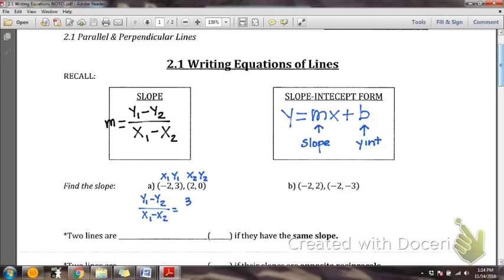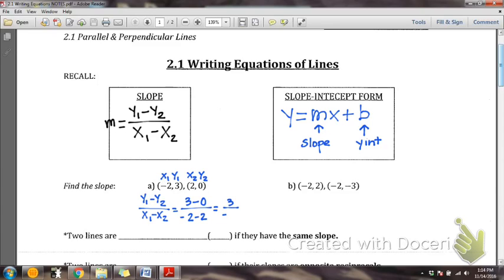So I'm going to have 3 minus 0 over negative 2 minus 2. Same change, or keep change, whichever way you remember it. 3 minus 0 in the numerator is still 3. What is negative 2 minus 2? Negative 4. It's not 0.